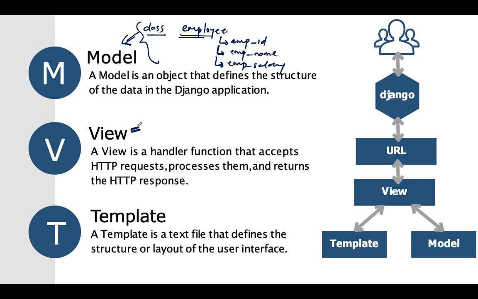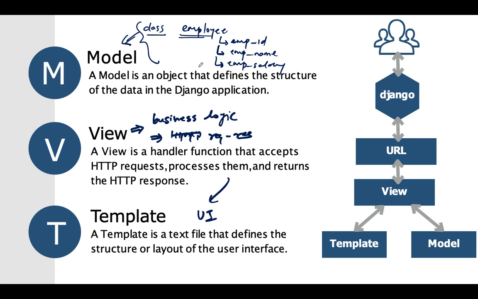So basically, the view is doing your application's business logic and it will be dealing with HTTP requests and responses. And the data which you are processing in the views, that is your business logic, is to be sent to the template, and the template is nothing but your user interface where you are storing all your HTML files.